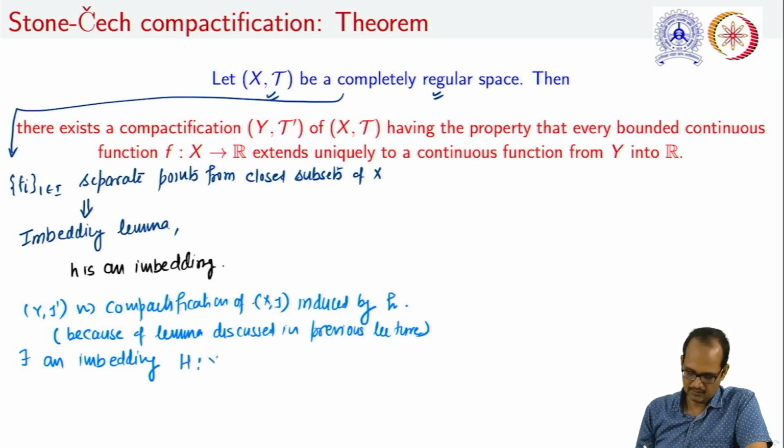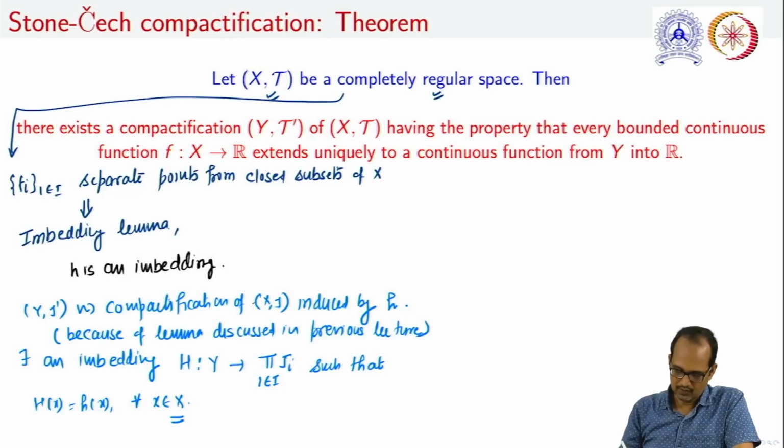This is a map from Y to the product of these closed intervals Ji, i belongs to I, such that this embedding has the property that h-bar of x will always equal this h(x) for all x in X.